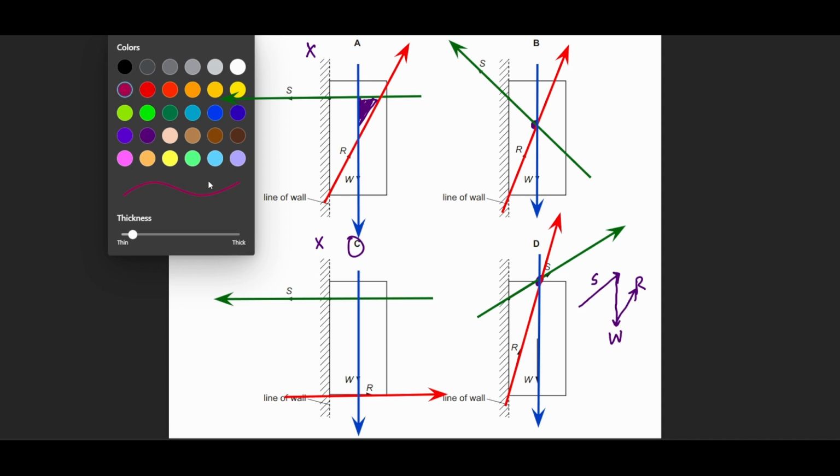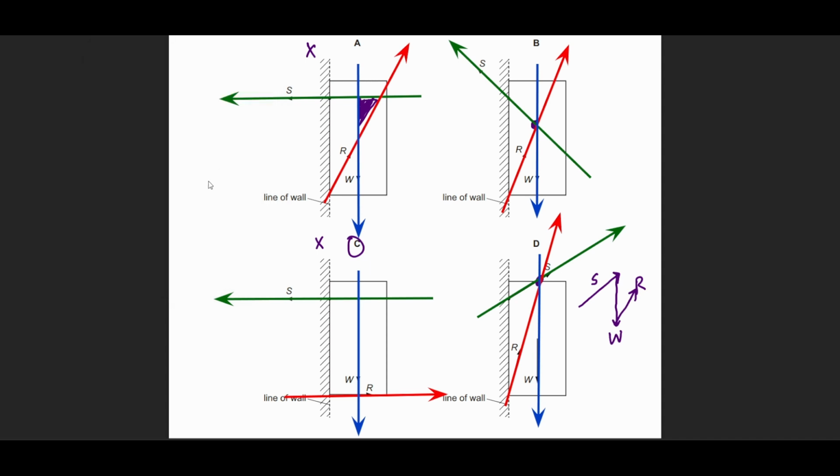So the first one is S, this one is W, and this one is R. Our resultant, in the very basic O-levels definition, is from the tail of the first vector to the head of the last vector. So it has to go in this direction. This resultant exists. It is not zero, which means that this is not in equilibrium.